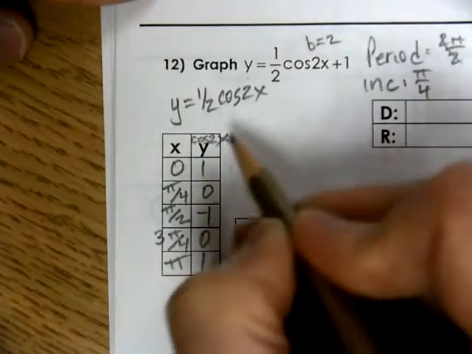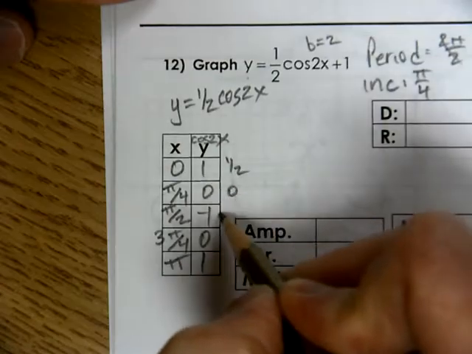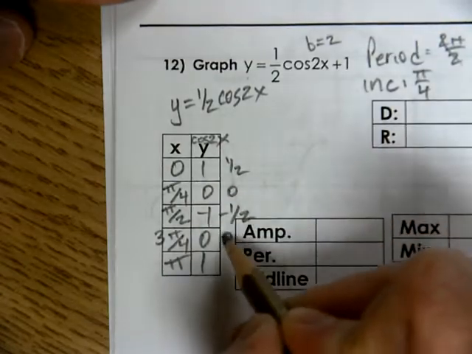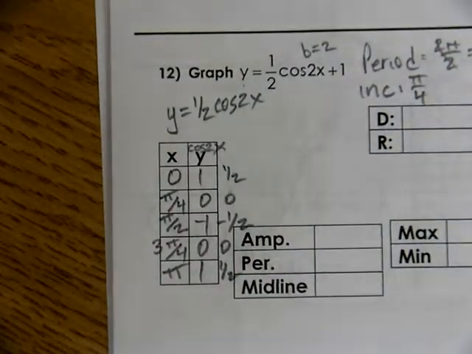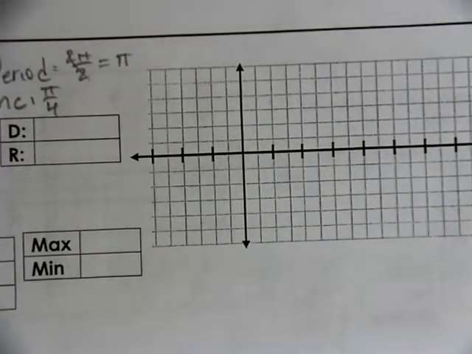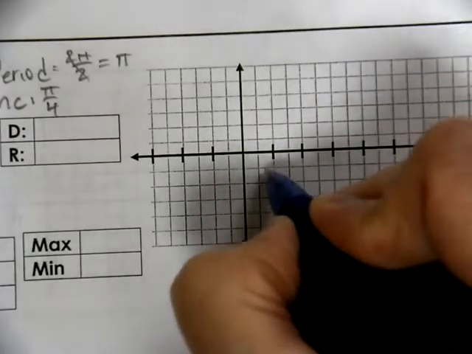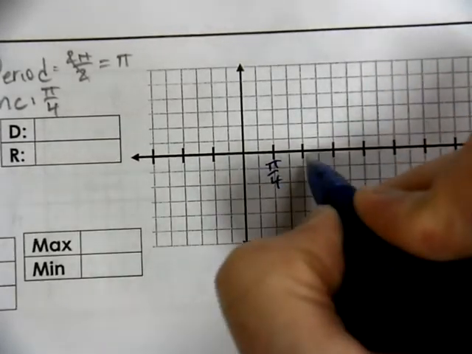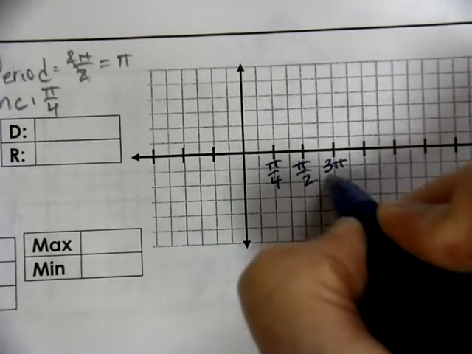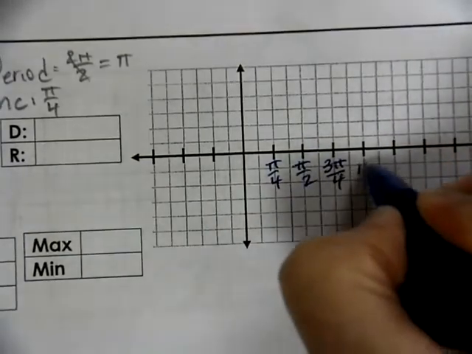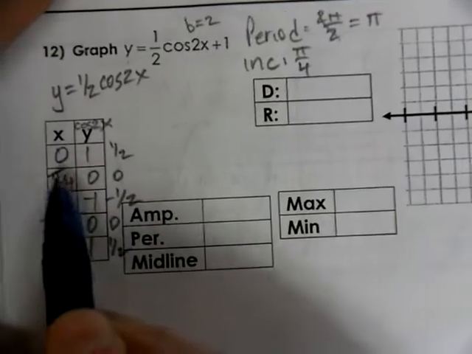That means we take halves of all of those. So we can come over. We have pi over 4, pi over 2, 3 pi over 4, and pi. We got that from our table.